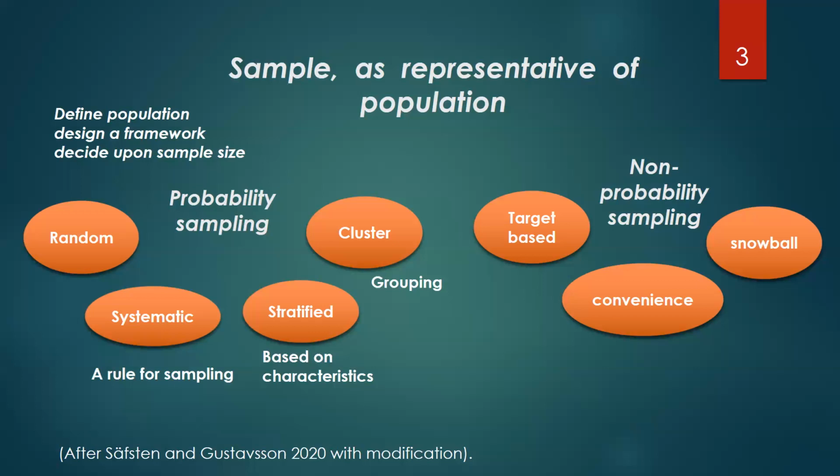Systematic sampling is a way that you have a rule for taking a sample. For example, the manufacturer produces the lamps, and every day or every month you will take a sample. Then you have a systematic rule for sampling.